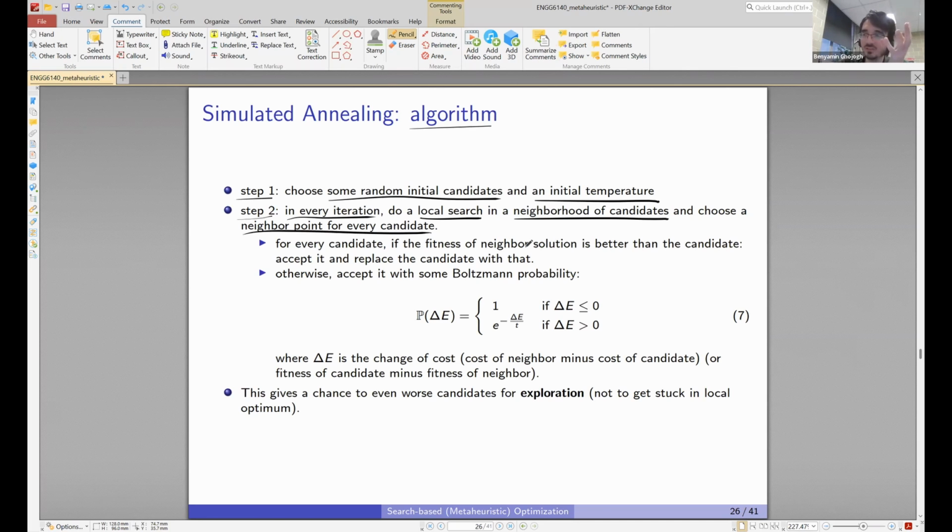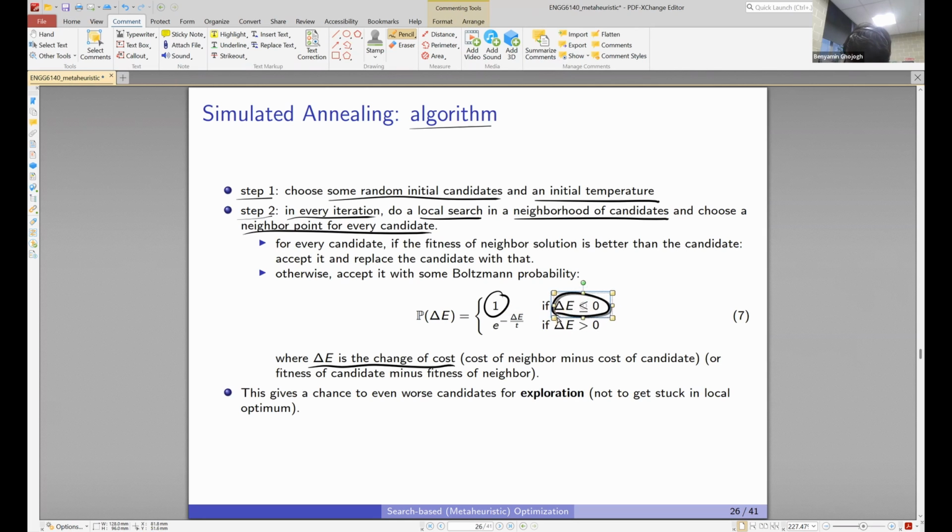So if its cost function value is lower, and delta E is the difference of energy, but here we assume it is the change of cost, so if delta E is less than 0, it means that the cost of the neighbor is less than the cost of the point itself, then accept it. Accept that neighbor point and replace the current solution with that neighbor with probability 1.